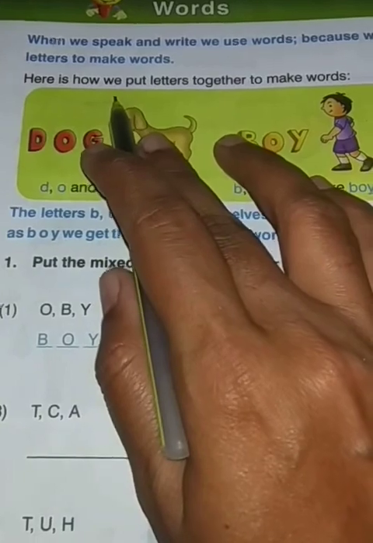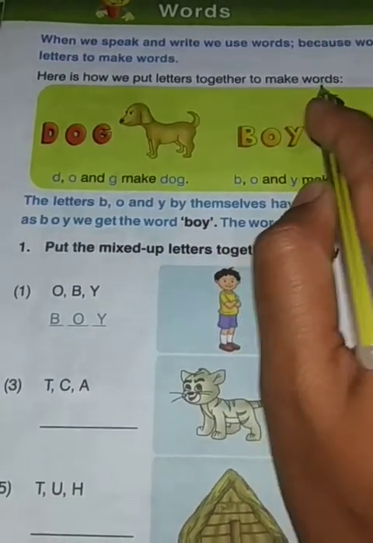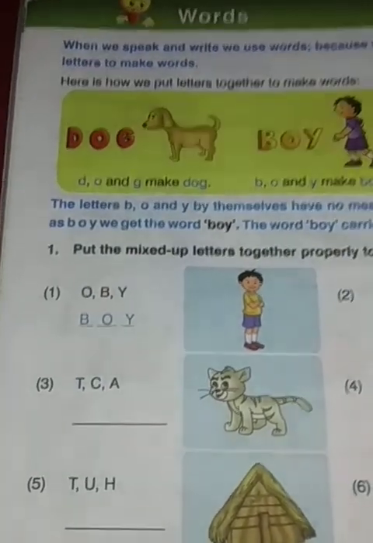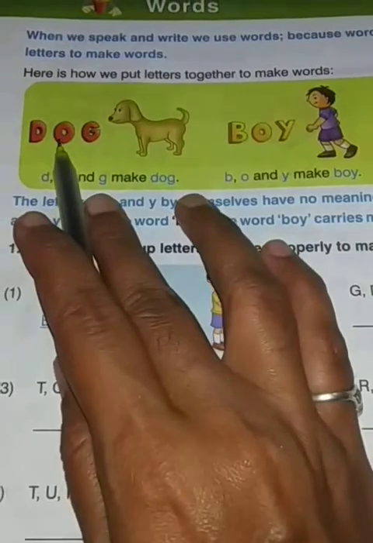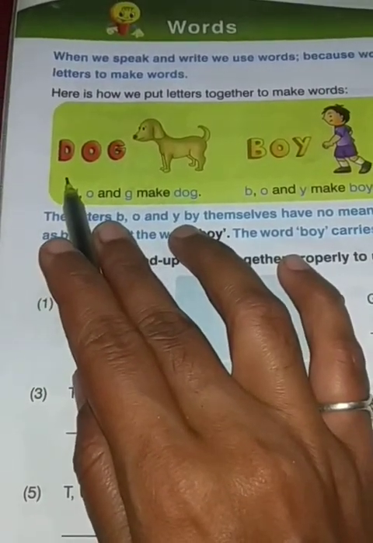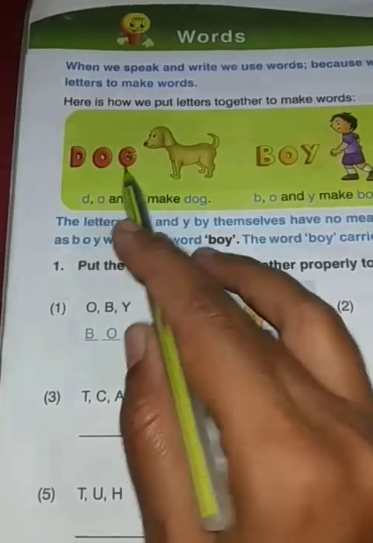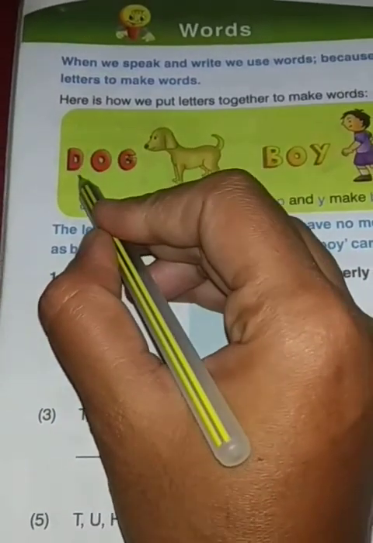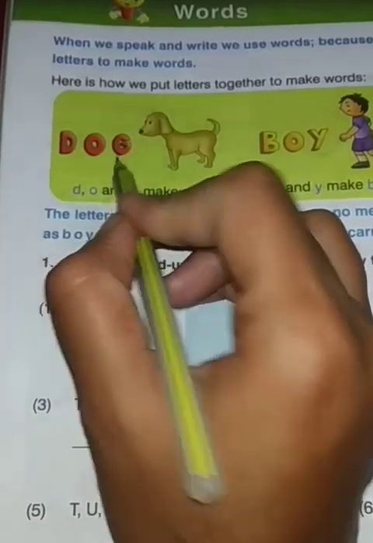Here is how we put letters together to make words. See here, these are some words. What is this word? This is dog. For making this word, we use the letter D, the letter O and the letter G. Yes or no?